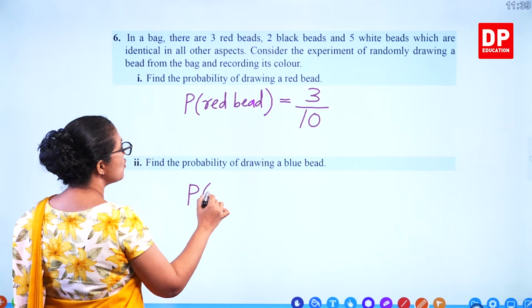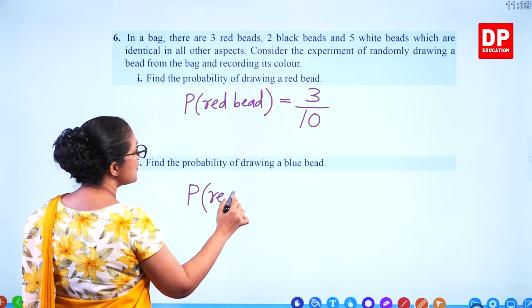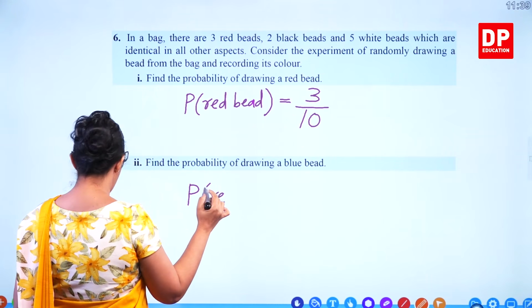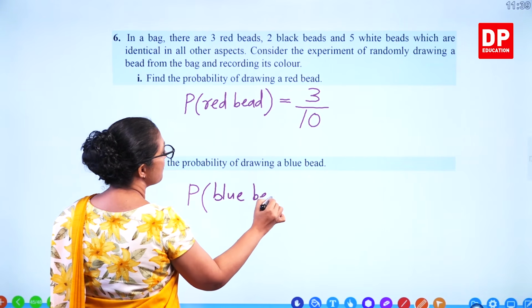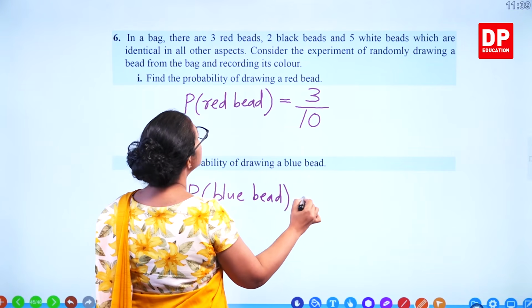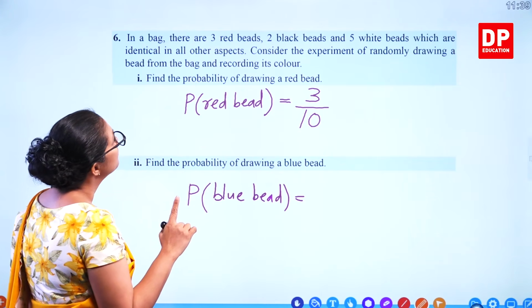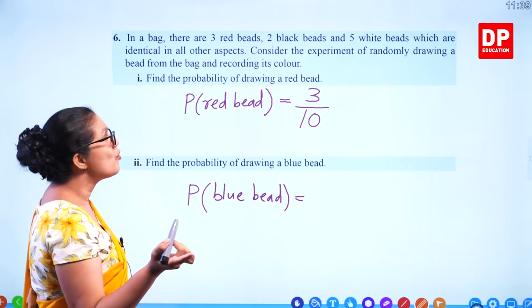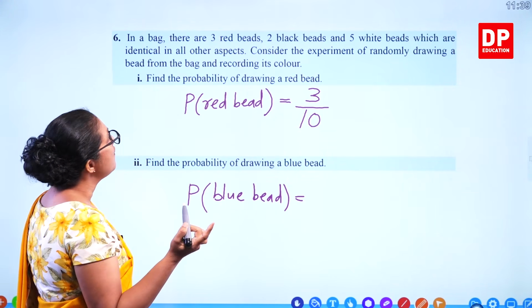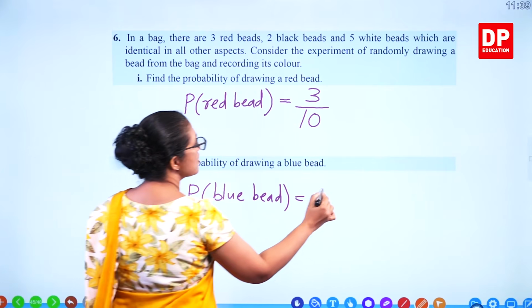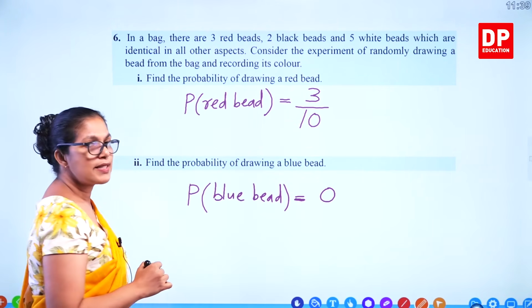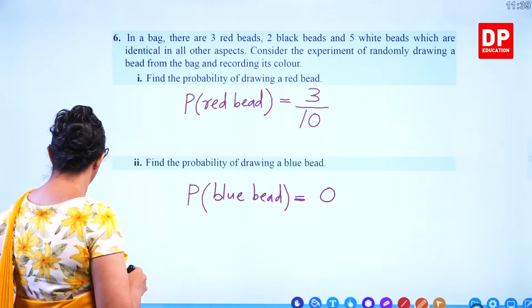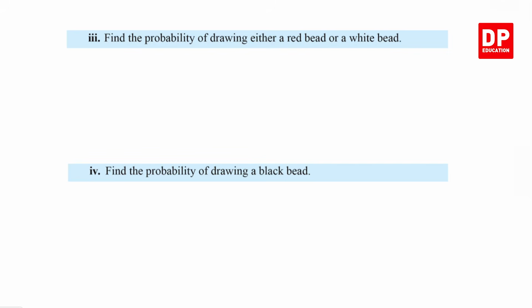Find the probability of drawing a blue bead. Now you should be able to do it without the sample space. So this is a blue bead. How many blue beads are there? There are no blue beads. Only red, black and white. So the probability is 0. Find the probability of drawing either a red bead or a white bead.